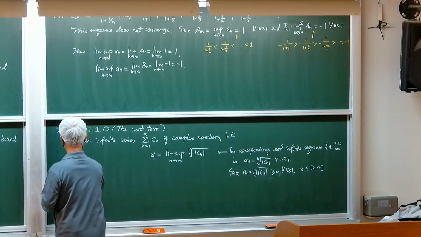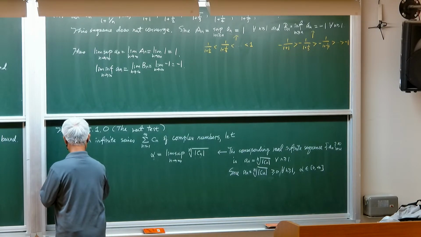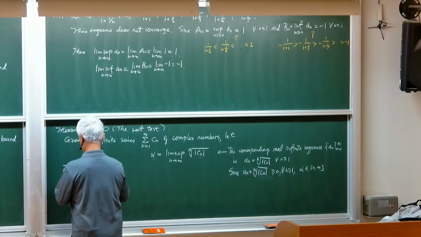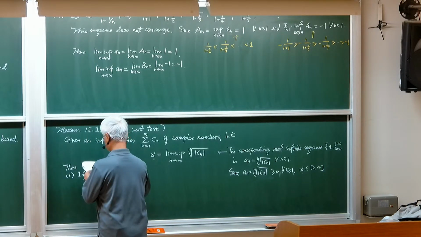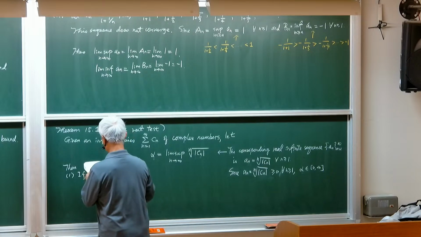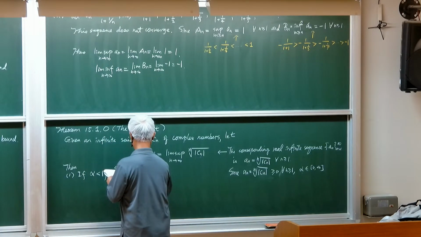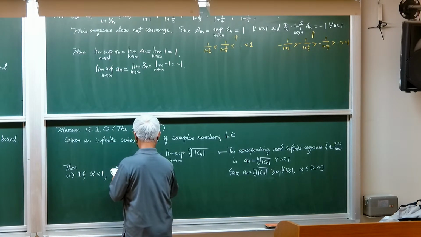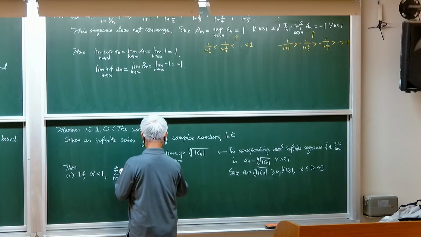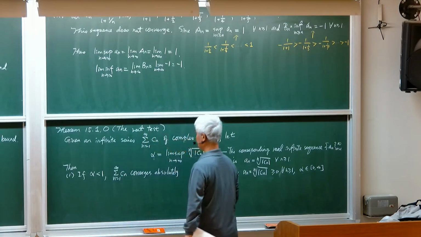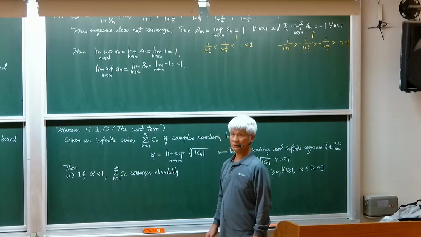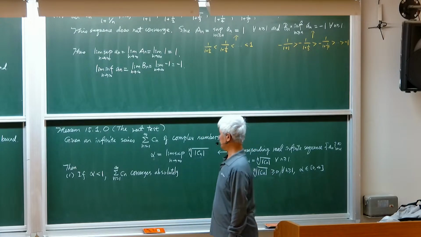Then, if alpha is less than 1, the infinite series converges absolutely.